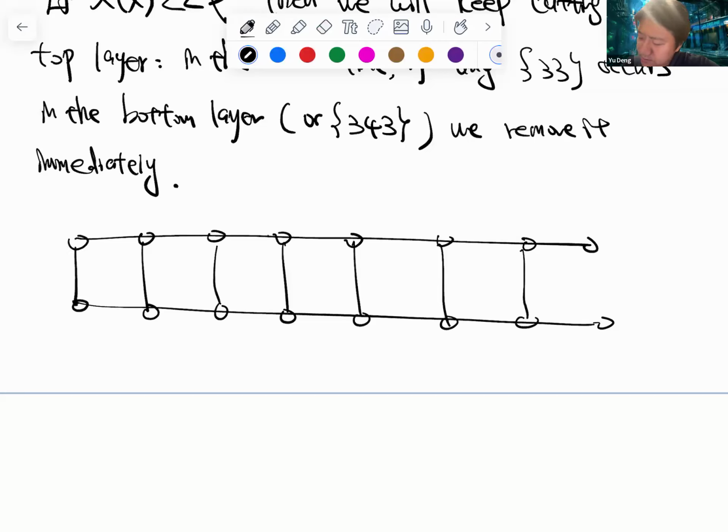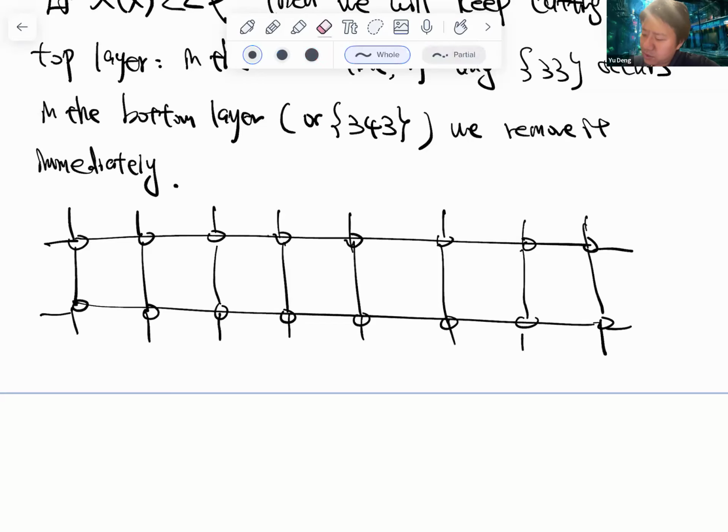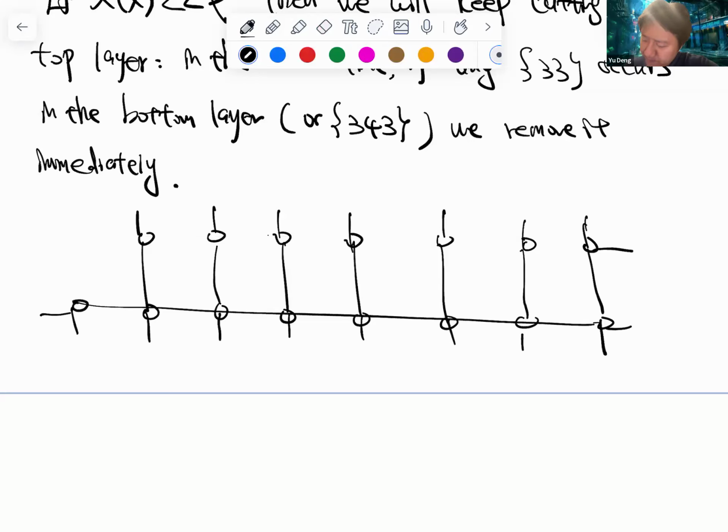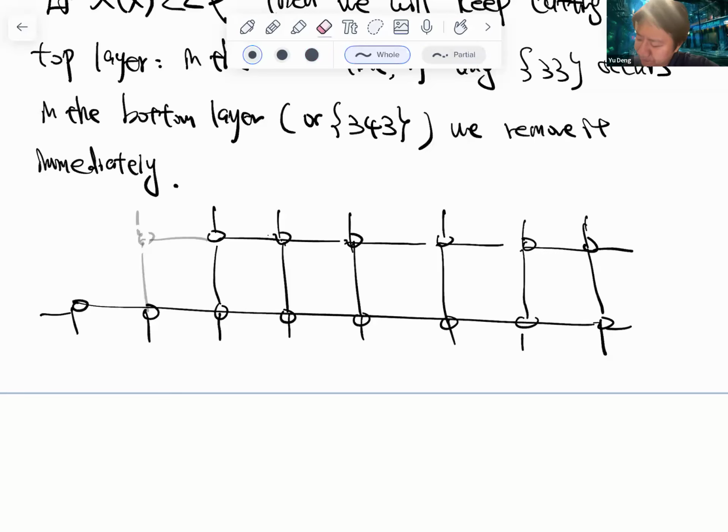Essentially, let's draw it here. Let's say we first cut this one. And then we cut this one, because we keep cutting the one on top. And now you see we get a 3-3 here in the bottom, so we'll cut it.